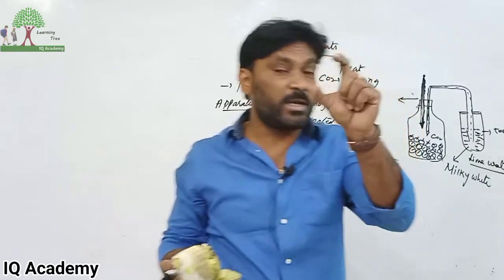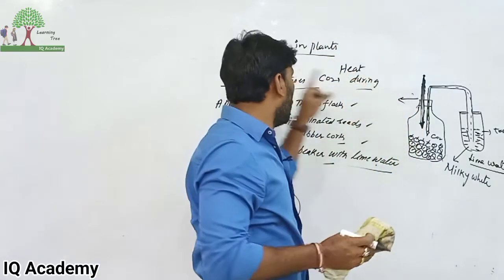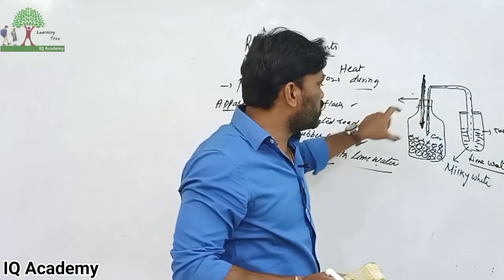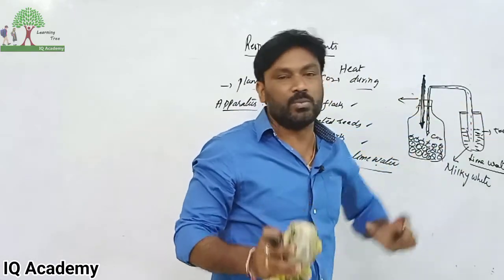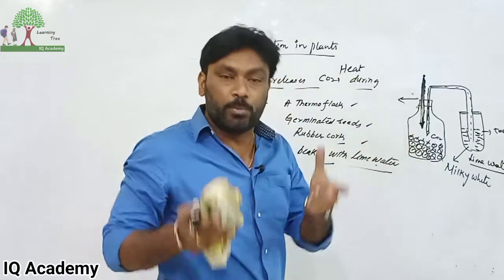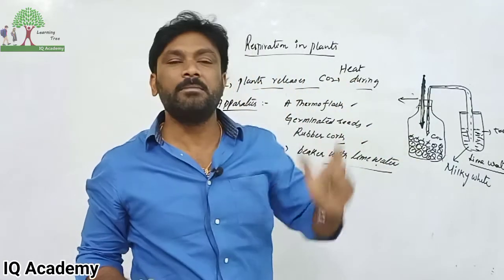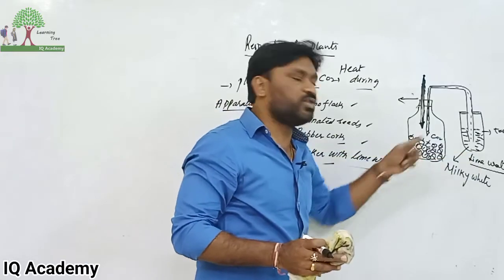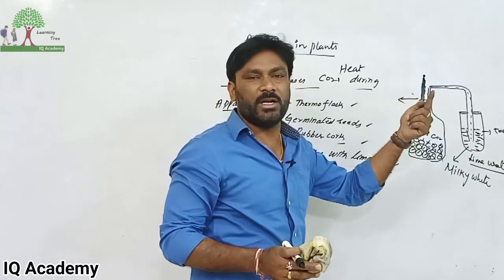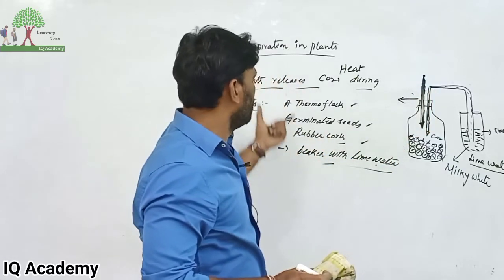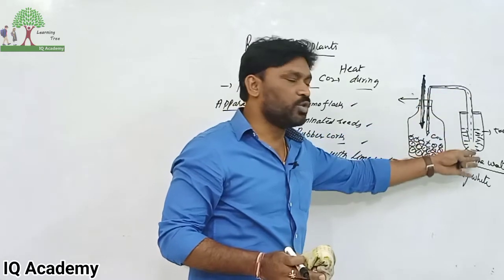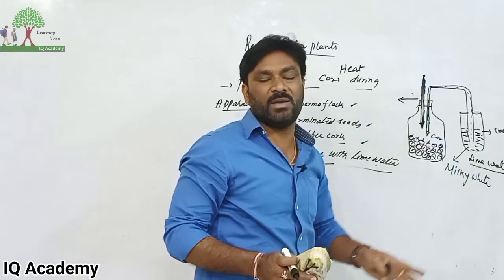So this is the best example, in a single experiment, to prove both. Only a thermometer is needed, along with the thermoflask, germinated seeds, rubber cork, tube, test tube and lime water.